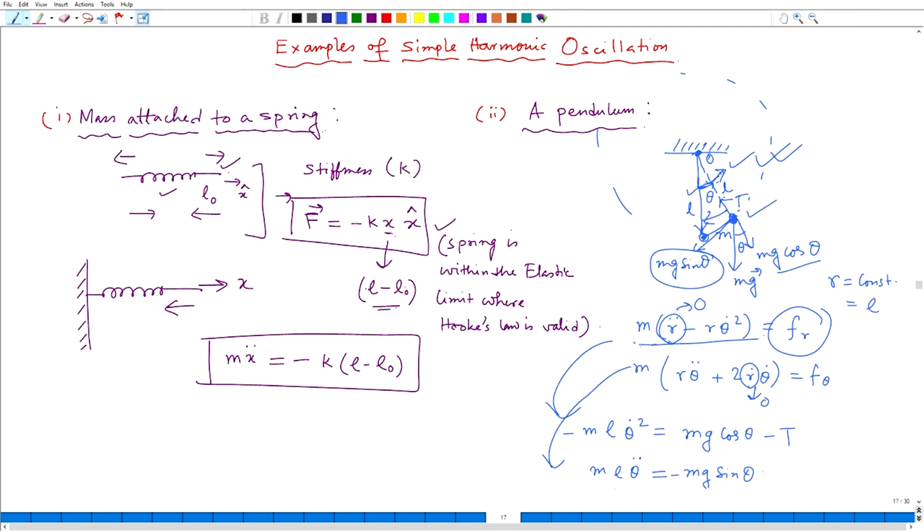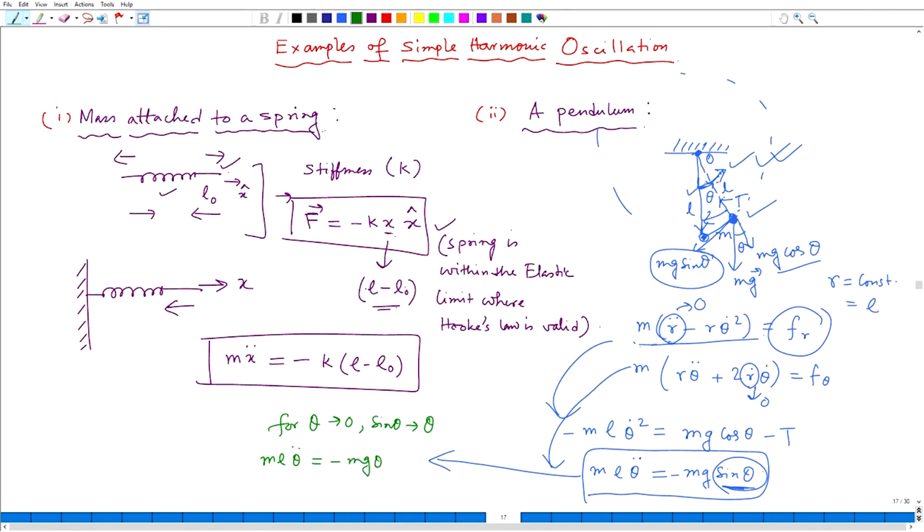Now, when this equation is approximated for a very small value of theta, sin theta is almost theta. So, for theta tending to 0, sin theta tends to theta, and then m L theta double dot becomes almost minus mg theta.